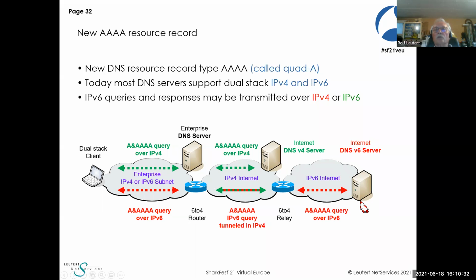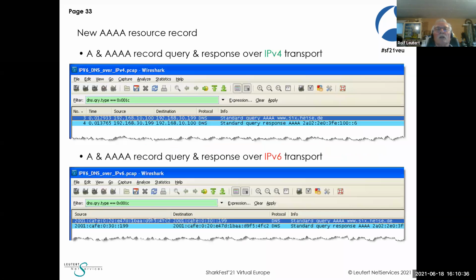That's, of course, depending on what your provider is doing. So this is a screenshot for a query, a quad A record over IPv4. You still get a reply. And this is the same query over IPv6. You still get the same reply. So that's just no big issue here.